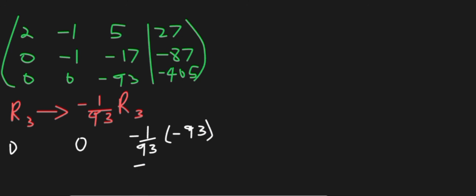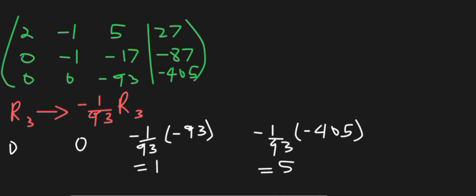That becomes 1 as desired. And the constants will be negative 1 over 93 times negative 405. Positive 5 it is. And the new matrix is as follows.